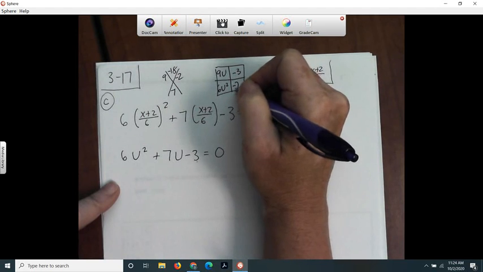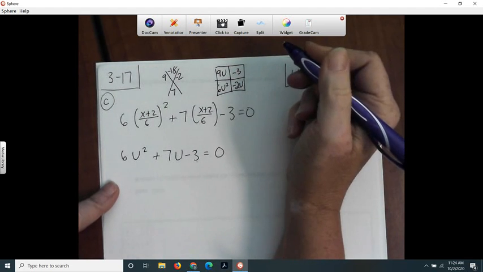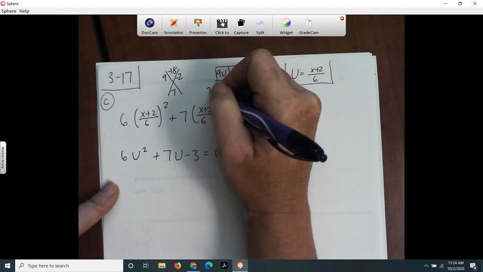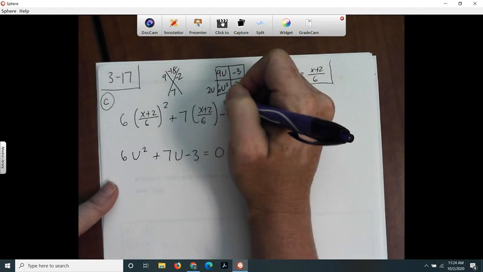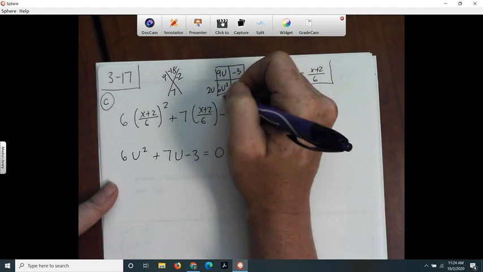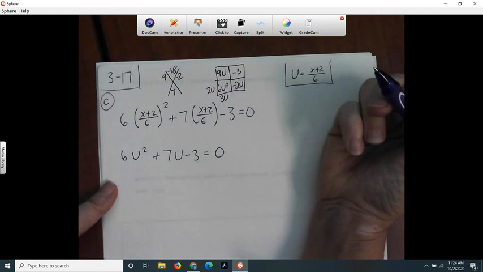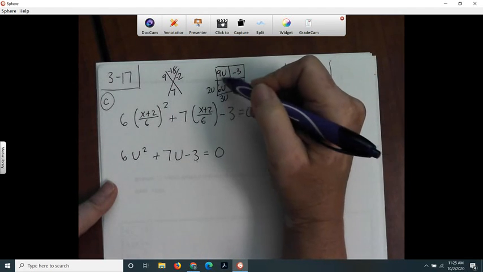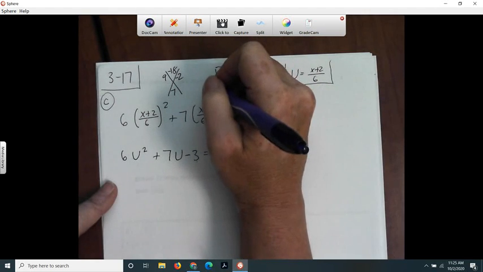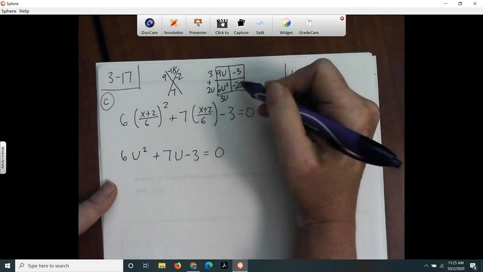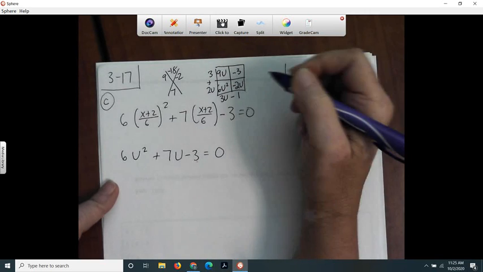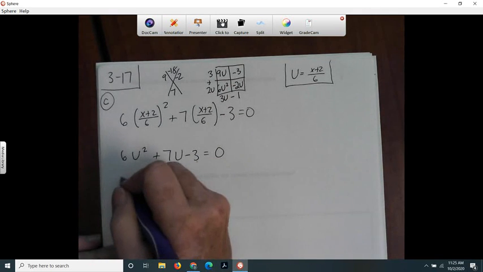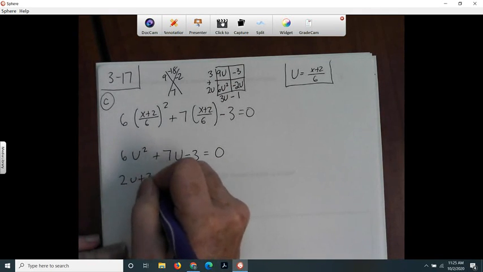So I think I can go 2u times 3u makes 6u squared. And then this has to be a 3 up here. And this has to be a negative 1. So I think this is going to be 2u plus 3, 3u minus 1.